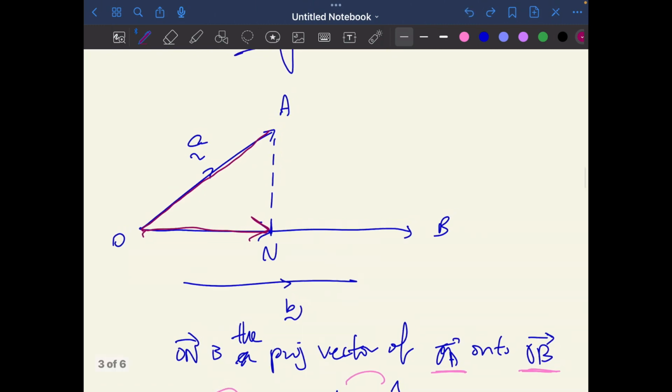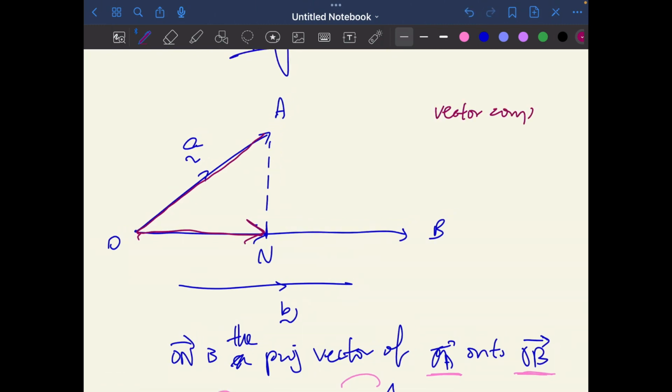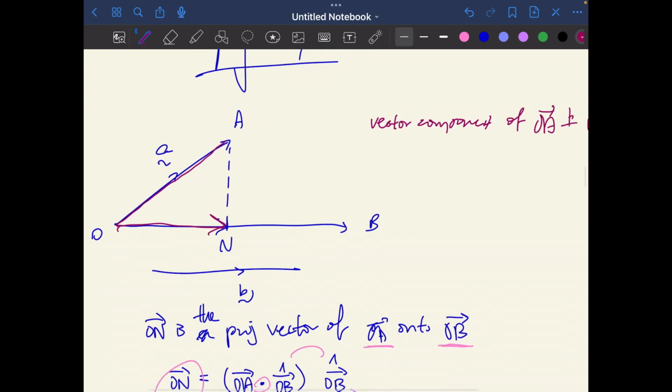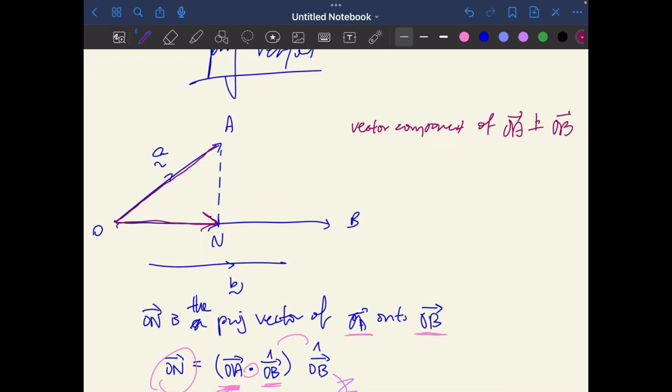So the vector component of OA that is perpendicular to OB would be the vertical component of vector A. So it's like resolving your vector A into horizontal and vertical components. Okay, so your vector component of OA that's perpendicular to OB would be NA.